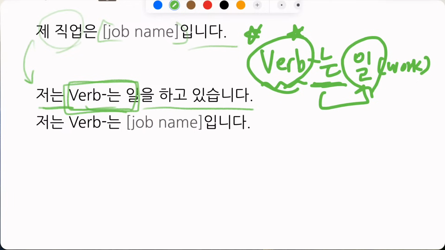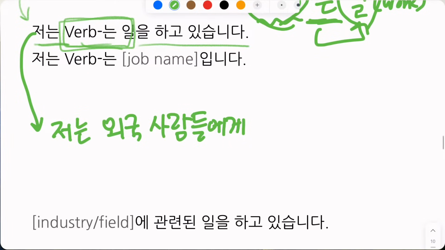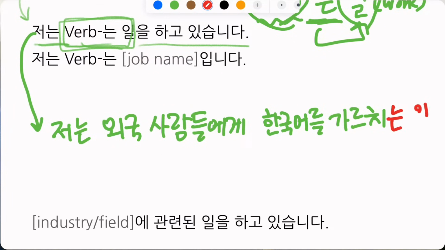Let me give an example. Let's say I'm a Korean teacher, right? So I can say 제 직업은 한국어 선생님입니다. But if I want to be more specific about what exactly I do, I can say 저는 외국 사람들에게, to foreign people, to foreigners, 한국어를 가르치는 일을 하고 있습니다.